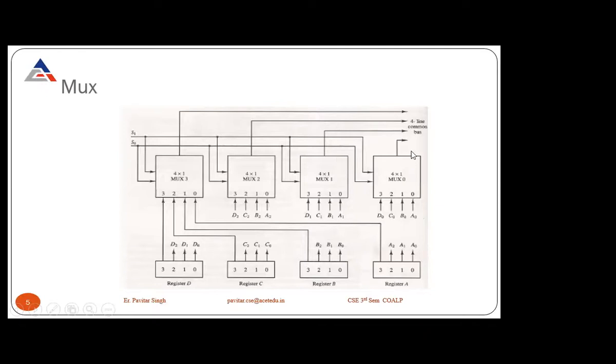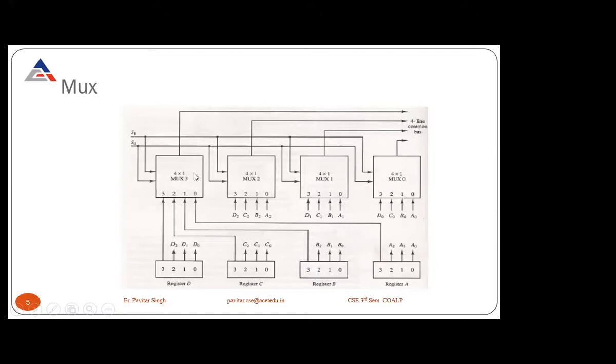Here I have used the concept of 4-line common bus because 4 inputs I am getting from the muxes, 4 into 1. 4 into 1 means the multiplexer is getting 4 inputs and it is giving you 1 as output. And all these selection lines have been fed to each mux.